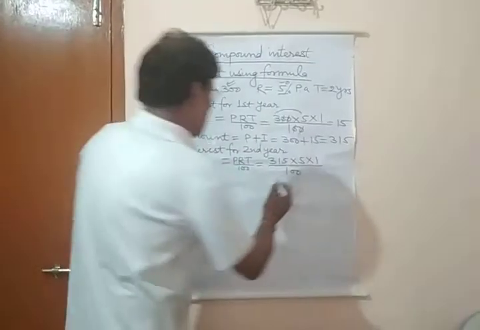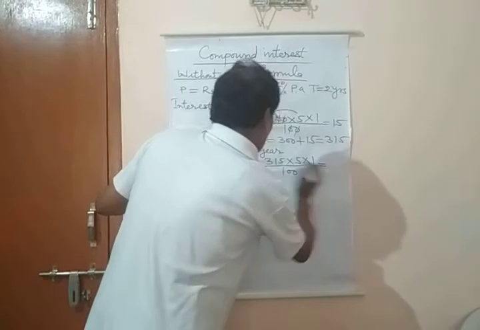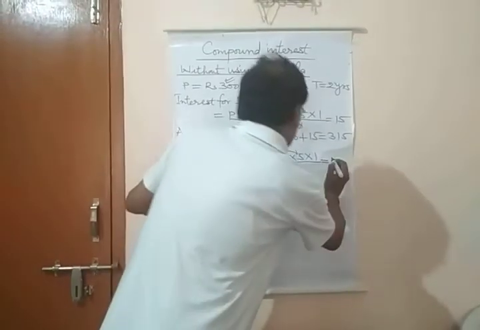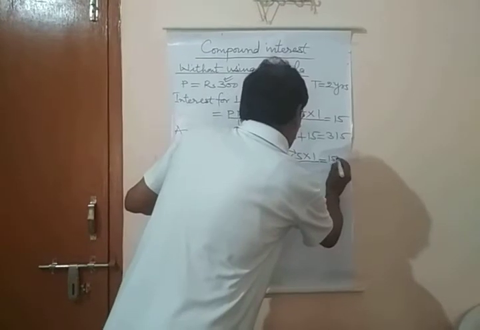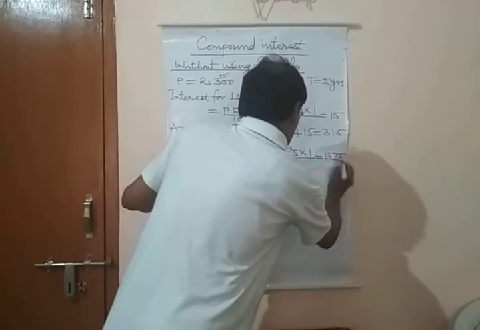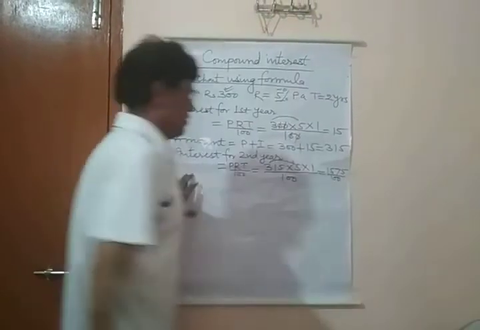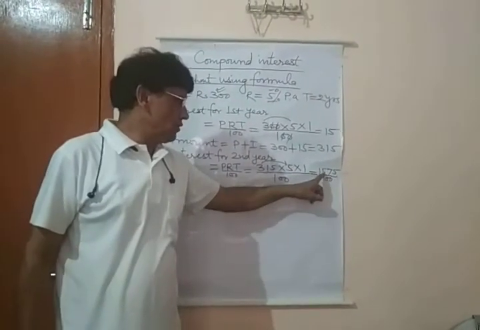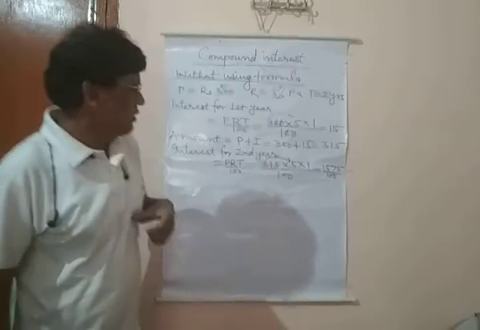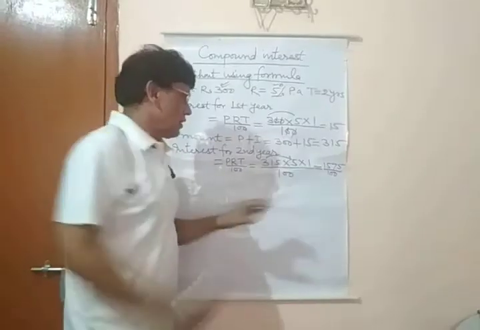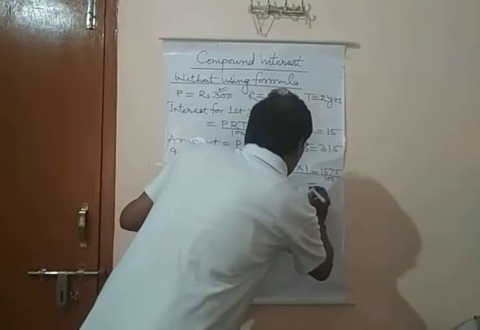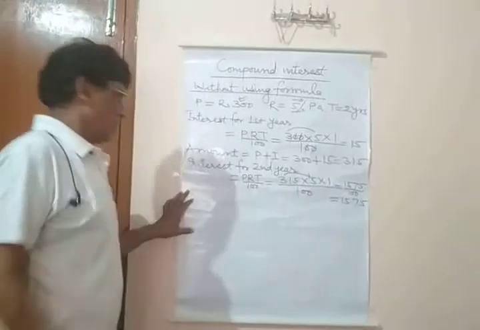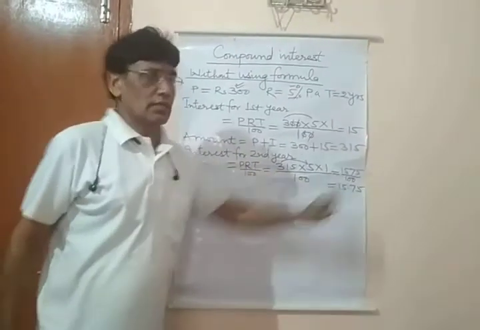Multiply these two: 315 into 5 is 1,575 upon 100, so it will become 15.75. So this is interest for second year.